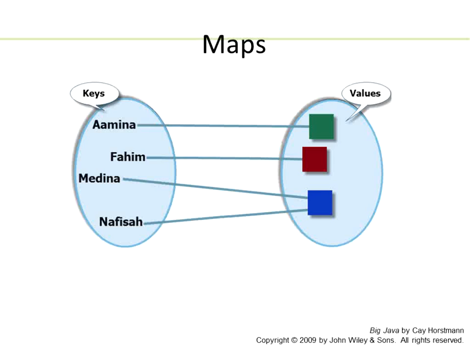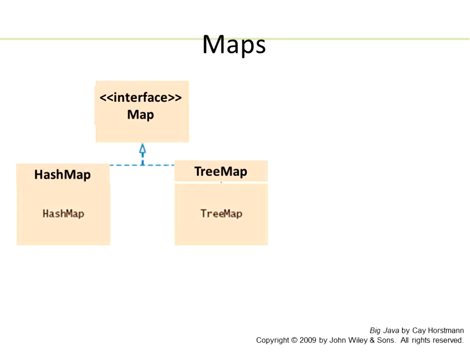So here we have a map, and it shows an association between keys and values. A map is basically an association between keys and values. Here you can see we have 4 keys and 3 values, and this line is basically an association. So this is a map.